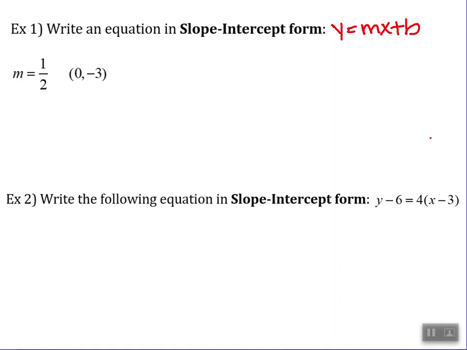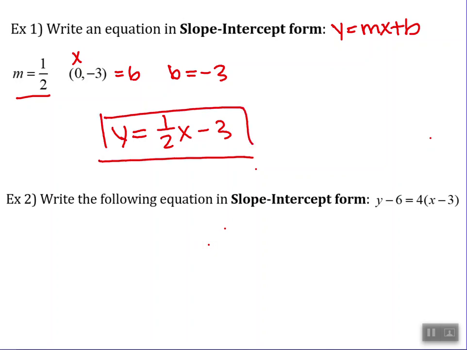So here I've got an m, and because the x is 0, this is actually my b. So my b is equal to negative 3. When I write this equation, I can write y equals 1/2 x minus 3. So if you're given a point and a slope and the point has 0 as its x value, that's your y-intercept, and you don't have to do a lot more work than just inserting it into the equation.